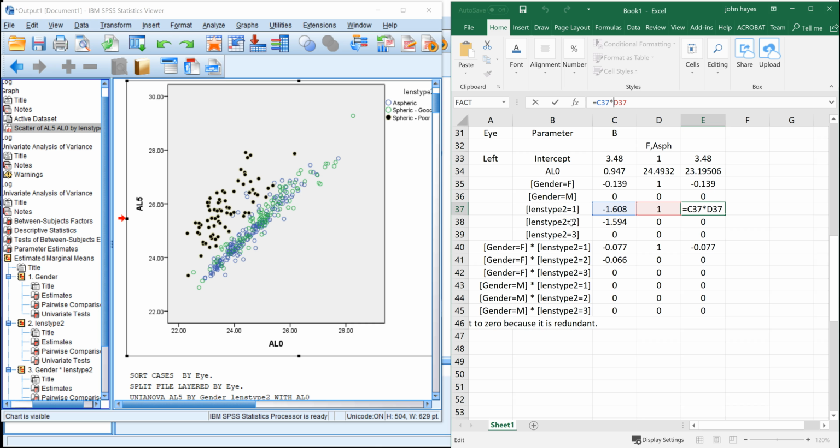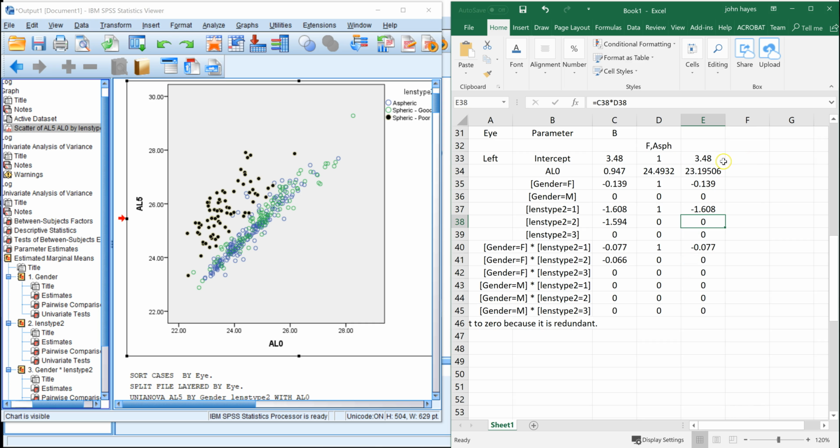If you're lens type 2, you're a 1, or if you're not, you're a 0. For lens type 3, you are not 0 or 0, so you're 0 down here. So you only really need coefficients for 2 of these. Same with gender, there's 2, so you need 1 coefficient value.